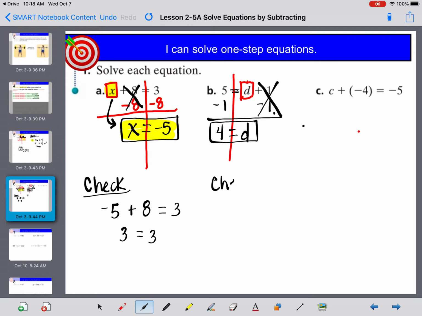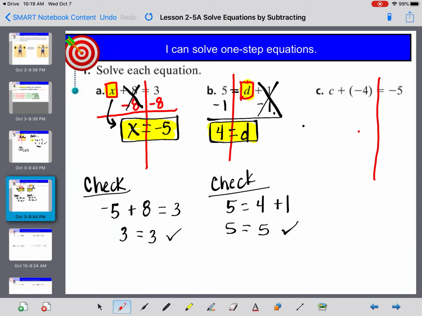Before I can say definitively that that is the answer, I check my work by substituting 4 back in for my variable in the original problem. 5 equals 4 plus 1. 4 plus 1 is 5. 5 equals 5. Yes, that's true. I have now checked my work, and I'm positive that 4 is the solution that makes that equation true.